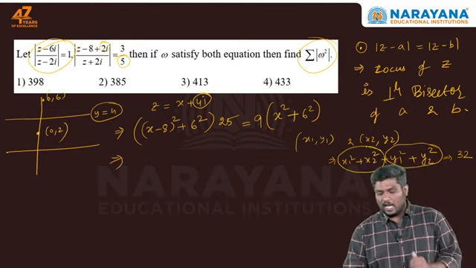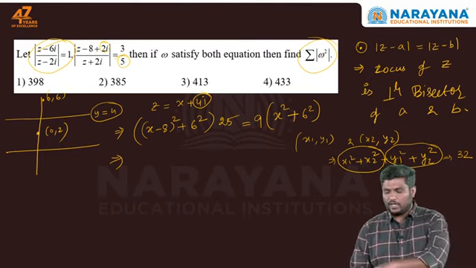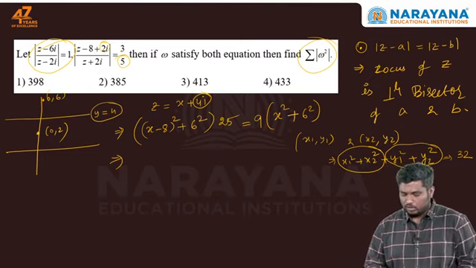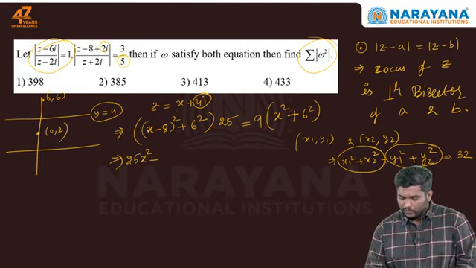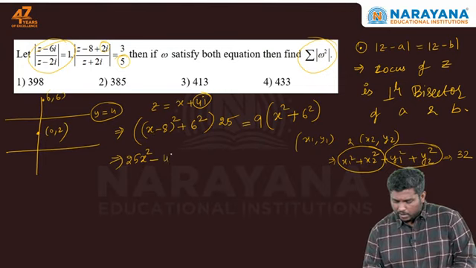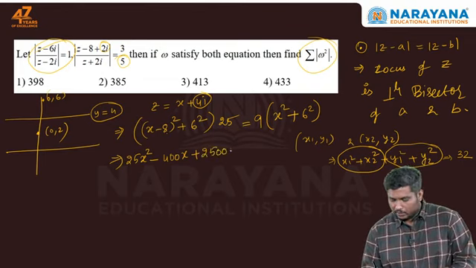So from the quadratic equation you don't have to find the roots, you just have to find x1 square plus x2 square. So this will be 25 x square minus 25 into 16, 400x, plus 36 plus 64 is 100, so 2500, is equal to 9x square plus 9 into 36.